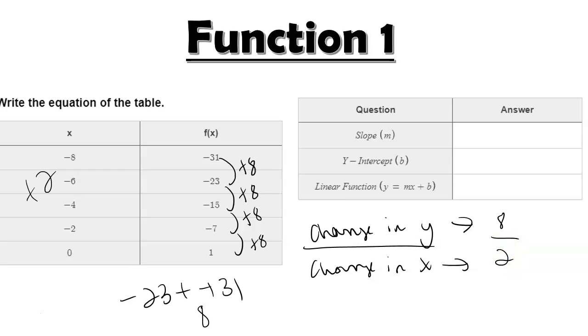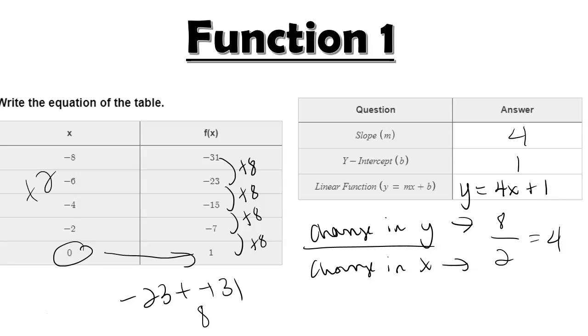So I was increasing on both of these. And then I'm going to go ahead and simplify 8 divided by 2 equals 4. So then my slope is 4. Next thing I need to do is find my y-intercept. Remember I'm going to go to where x is equal to 0. That's here. And the y with it is my y-intercept of 1. So for my equation, I get y equals 4x plus 1.